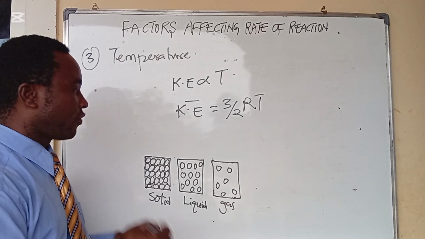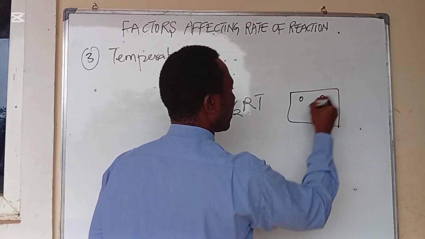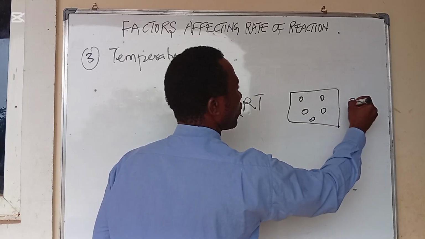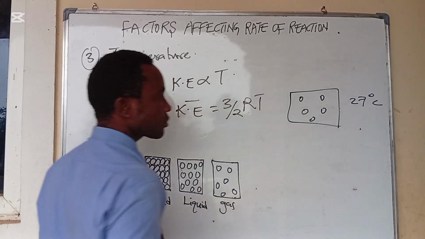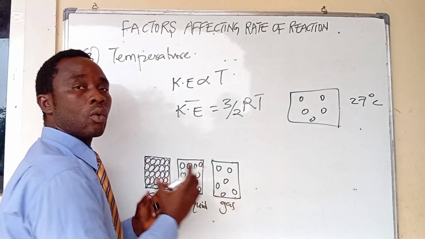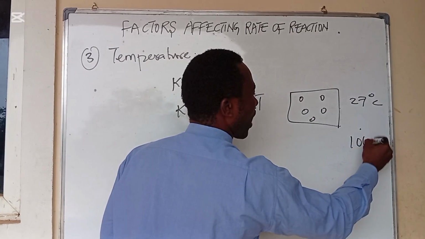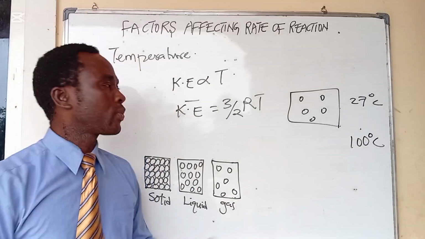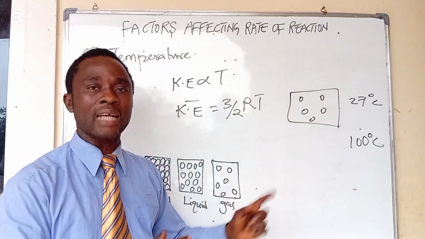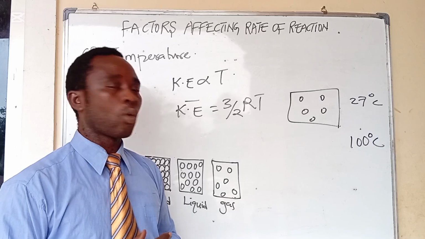That is why, for example, if we have a gas in a container at 27 degrees Celsius, this gas molecule will be moving randomly, colliding with one another. However, if we increase to 100 degrees Celsius, you will expect that the particles of this gas will be moving faster to collide with one another.